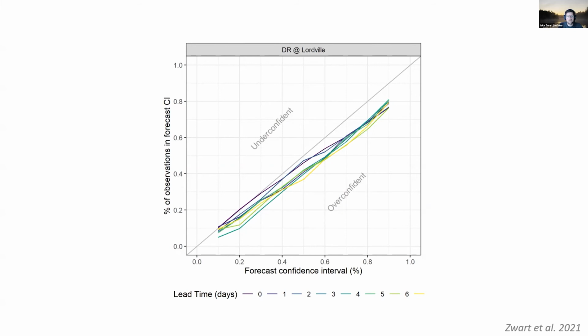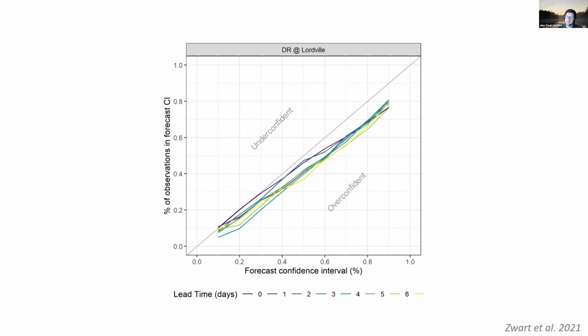We also want to evaluate how well we're characterizing uncertainty, and we can do that by creating these reliability plots. If we look at the entire forecast period, our model was slightly overconfident in its predictions, which I was indicating a little bit earlier.